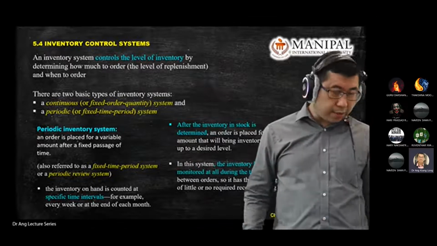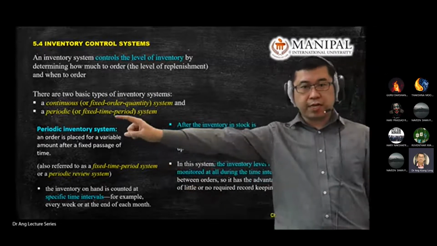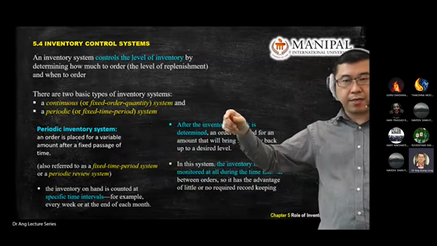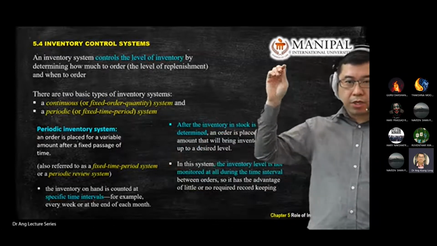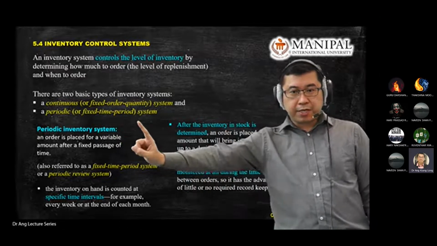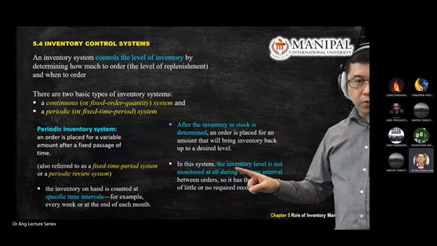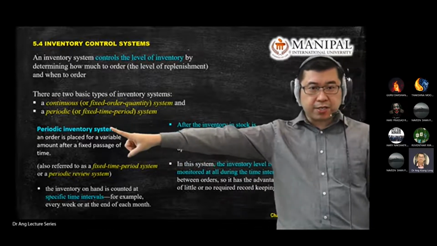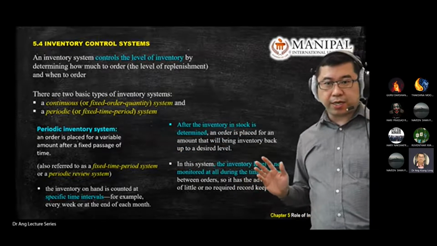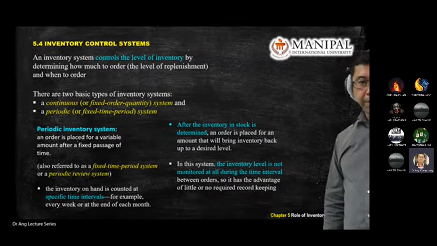So if you use a periodic system, this one usually is a cargo or in a bigger player, you will use a time periodic system in your inventory. When you practice the periodic system, you don't need a real time, very detailed record keeping.